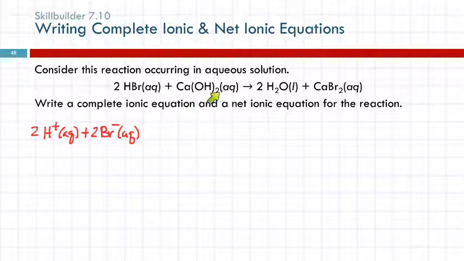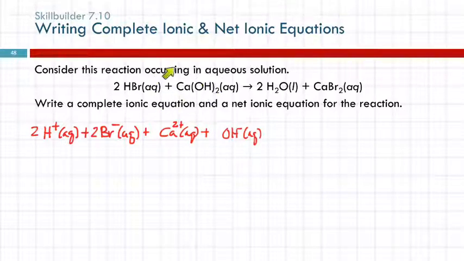Here, Ca(OH)2 aqueous. So I need to separate this into ions. I've got the calcium and I've got the hydroxide. So calcium ion and hydroxide ion. The parentheses and the 2 are telling me I have 2 of those hydroxide ions. That's not part of the formula for hydroxide ion.